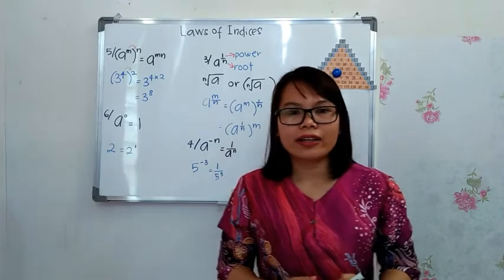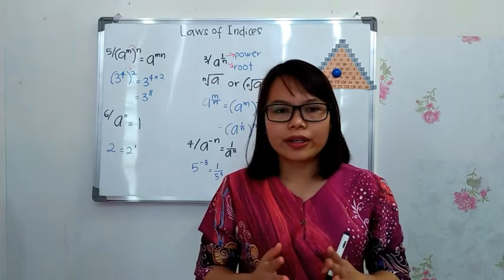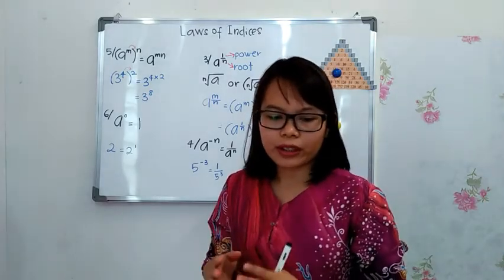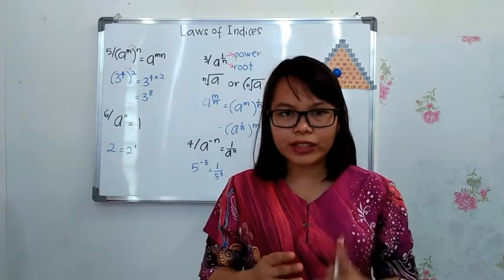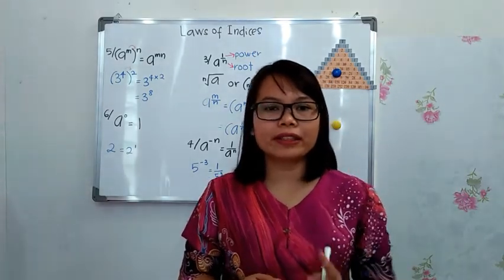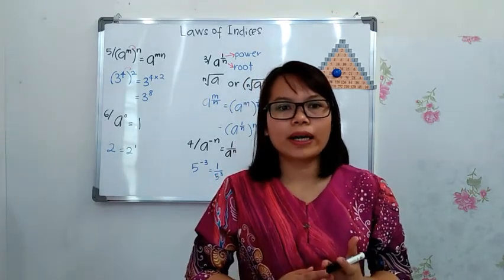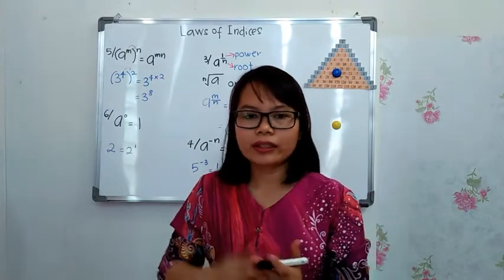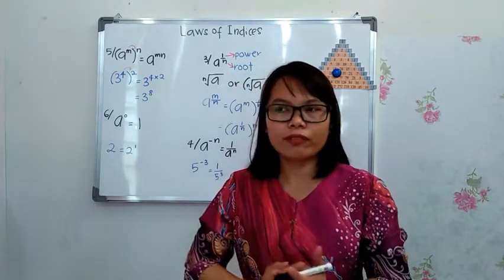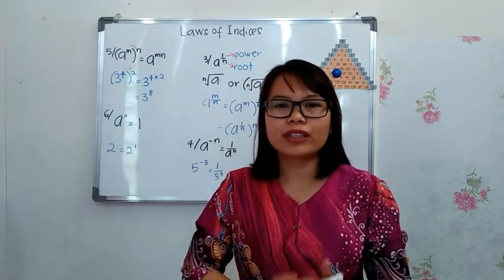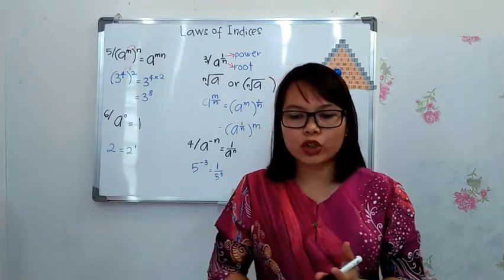The third law is fraction. Two things you should remember in fraction are the first one is power and the second is root. If you happen to see a fraction, you must remember power and root.